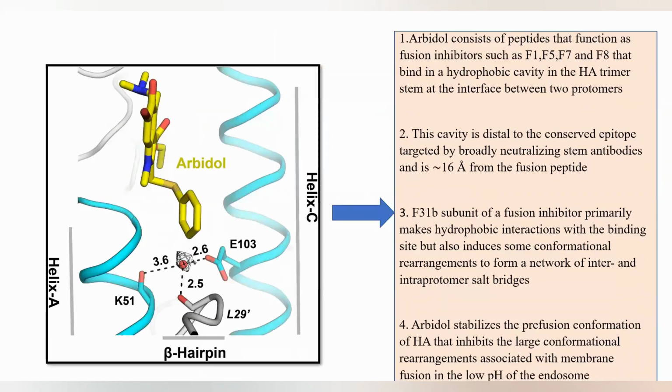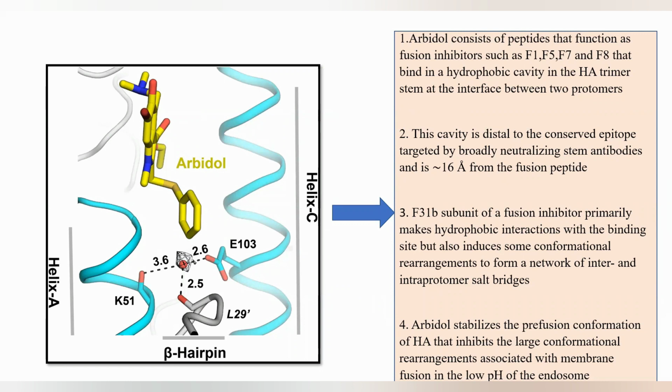When we come to Arbidol, we will be focusing more on the hydrophobic cavity found in the HA trimer. This hydrophobic cavity in the HA trimer is targeted by Arbidol, and this is the particular place where it binds. This binding increases its specificity to greater levels.